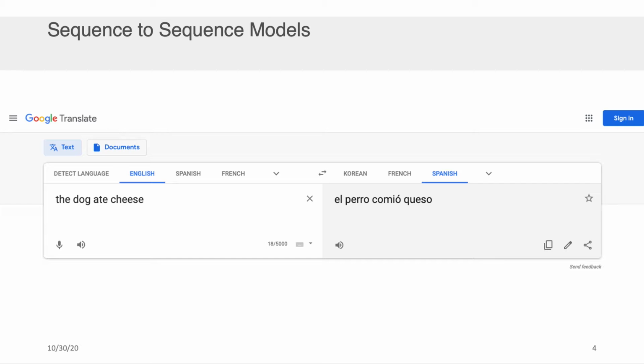We could also use them to do things like language translation, right? So for example, if I had a sentence such as, "The dog ate cheese" in English, and I wanted to translate it to its Spanish equivalent here on the right, I would really love to be able to train a sequence-to-sequence model that can take each of the tokens in the English language sentence and convert it into the appropriate token in Spanish.